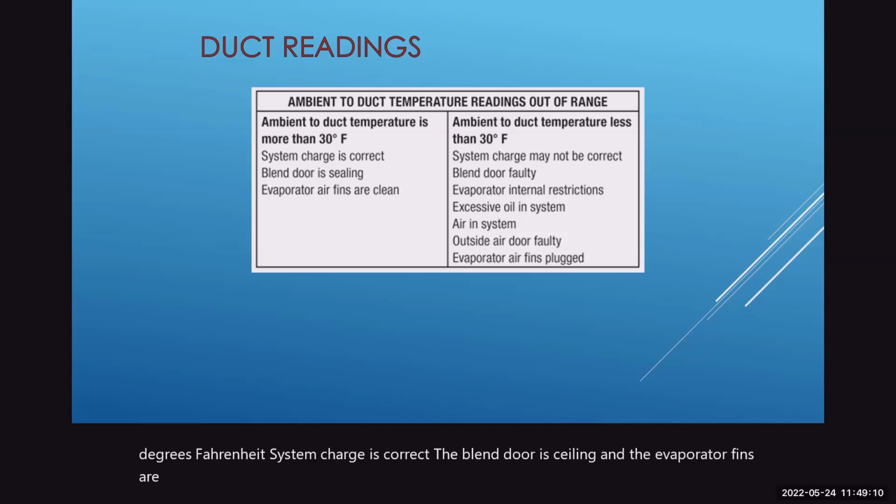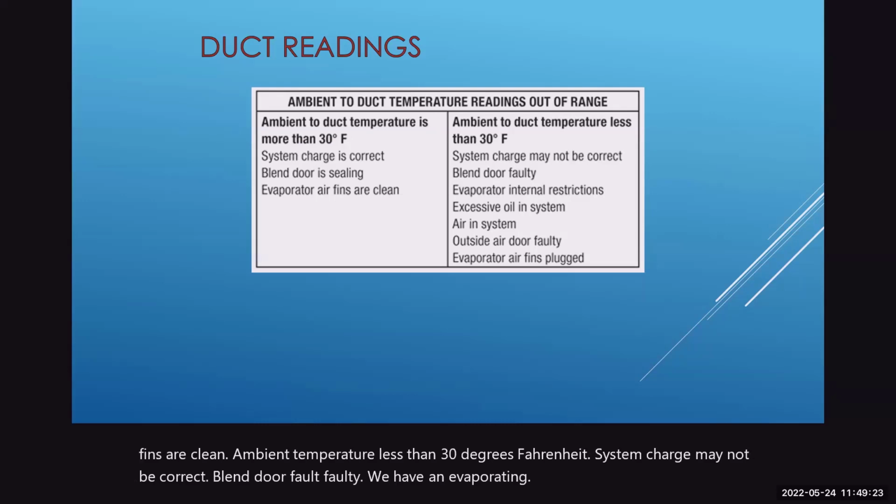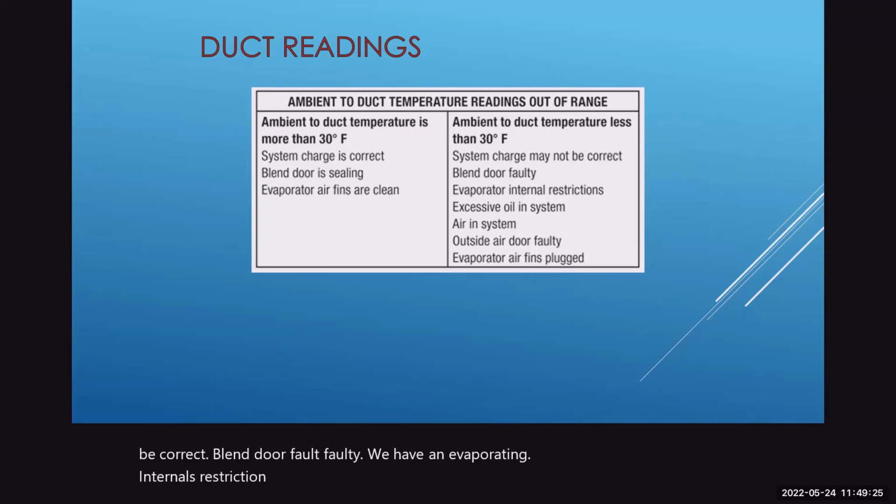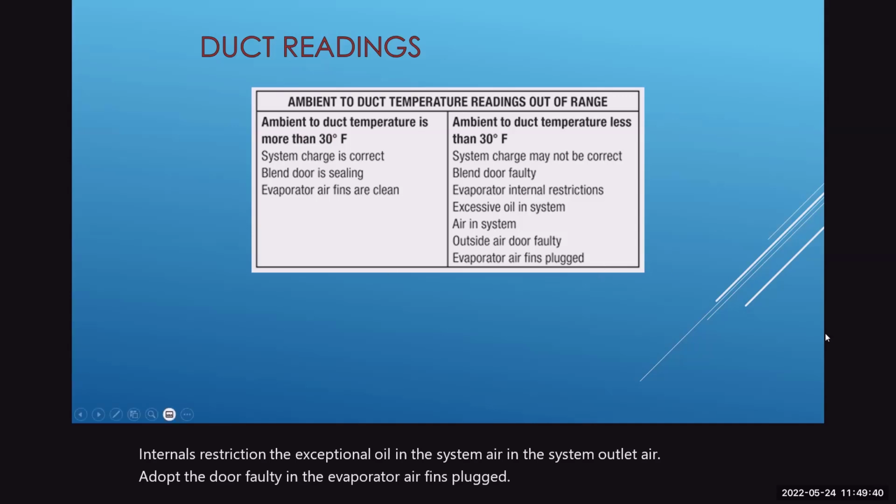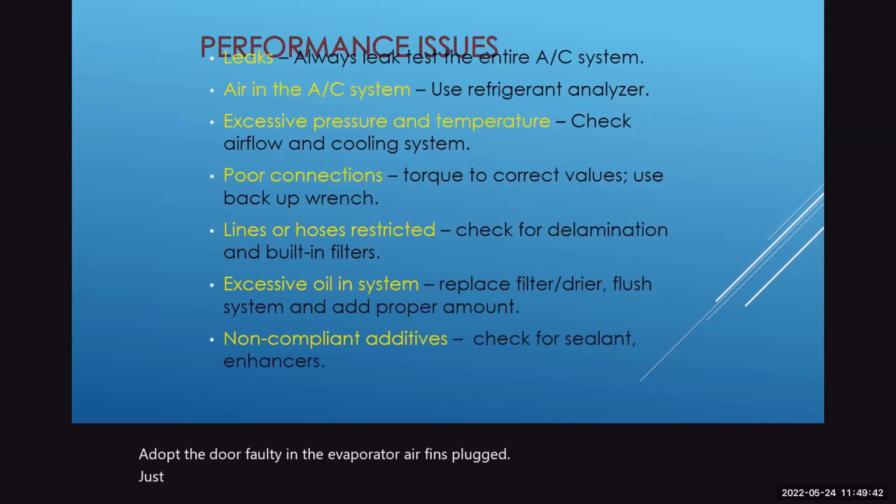Ambient to duct temperature less than 30 degrees Fahrenheit: system charge may not be correct, blend door faulty, evaporator internal restriction, excessive oil in the system, air in the system, outlet air duct door faulty, and the evaporator air fins plugged. Now, I got that off centered a little bit, but I do my best here.